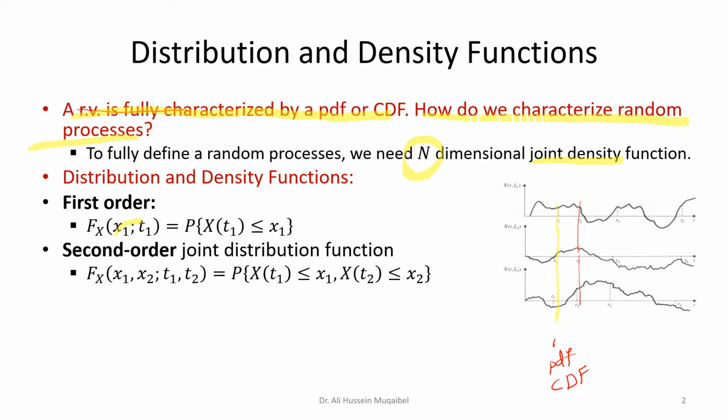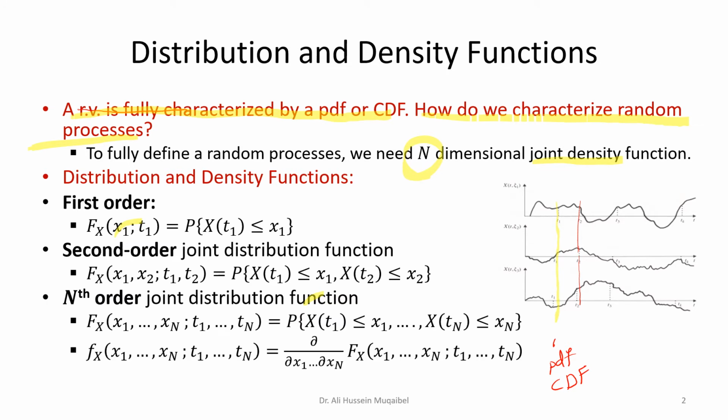Now if we incorporate two time instances, we go into the second order joint distribution function, where a given instant of time is less than a given value, and another instant of time is less than another value. So basically we here consider two time instances and their relation. We call it joint second order.